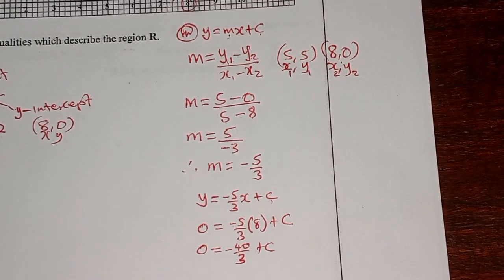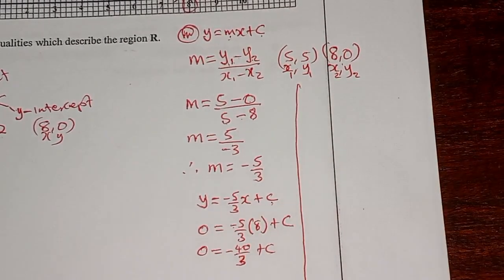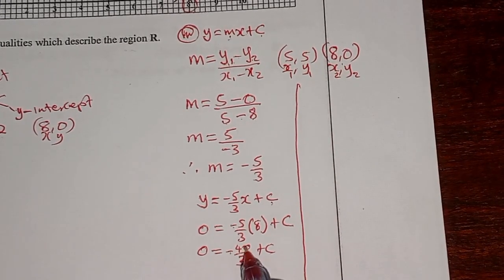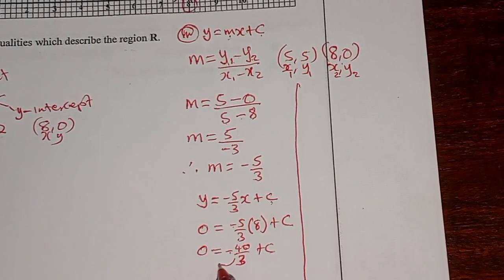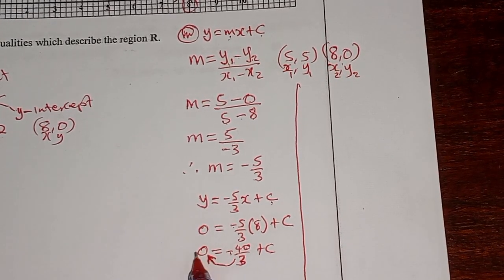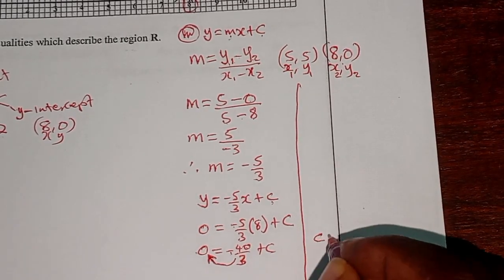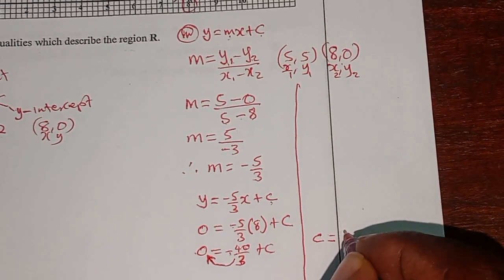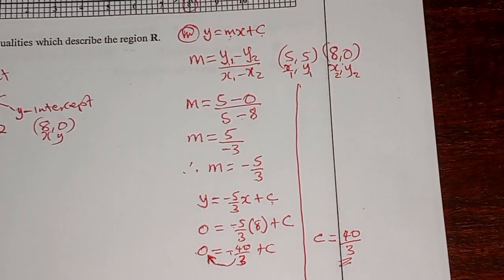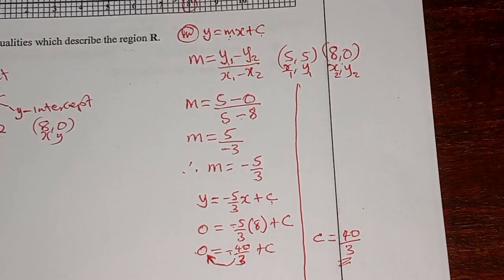I'll collect the like terms. So negative 40 over 3 will go that side. It was negative, when it goes this side, it becomes positive. So c is equal to 40 over 3. That is the value for c.